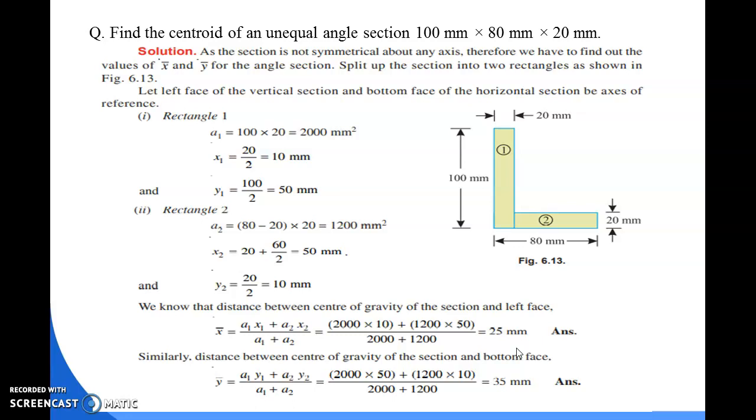And similarly, for y bar along the y-axis, the value of center of gravity is equal to a1 y1 plus a2 y2 divided by a1 plus a2.